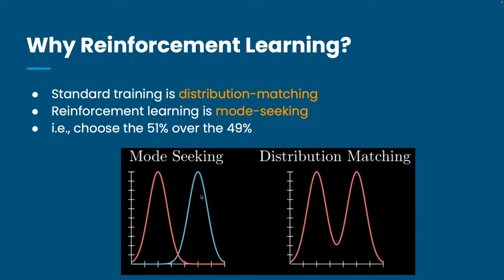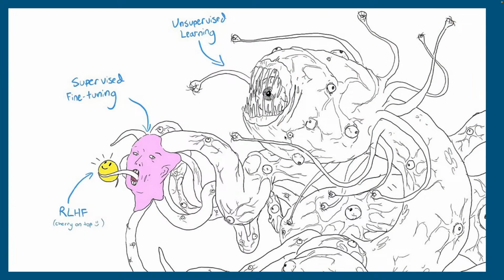So here, you can look at distribution matching as sometimes generating answers towards this peak and sometimes towards this peak, where the y-axis is probability. It might be the case that this peak is really bad and we actually never want to generate that at all. So we want to take this peak instead. That's what mode seeking is. Instead of generating this 50% of the time and this 50% of the time, it's going to always generate the better one. So that's what we wanted to learn. We want it to be very decisive.